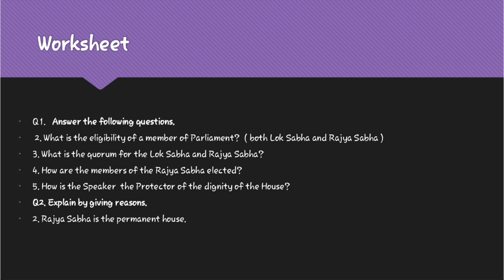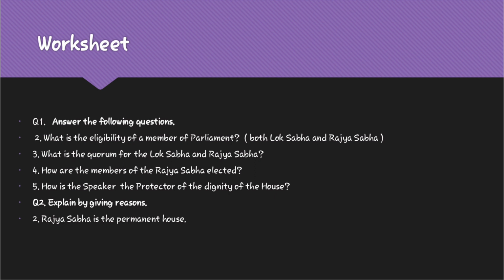Now come to section 2, give reason. Explain giving reasons the following statement. We have only one question for today, that is question number 2: Rajya Sabha is the permanent house. Please explain that. For that, please come to page number 74, last paragraph, qualification for membership of Rajya Sabha.